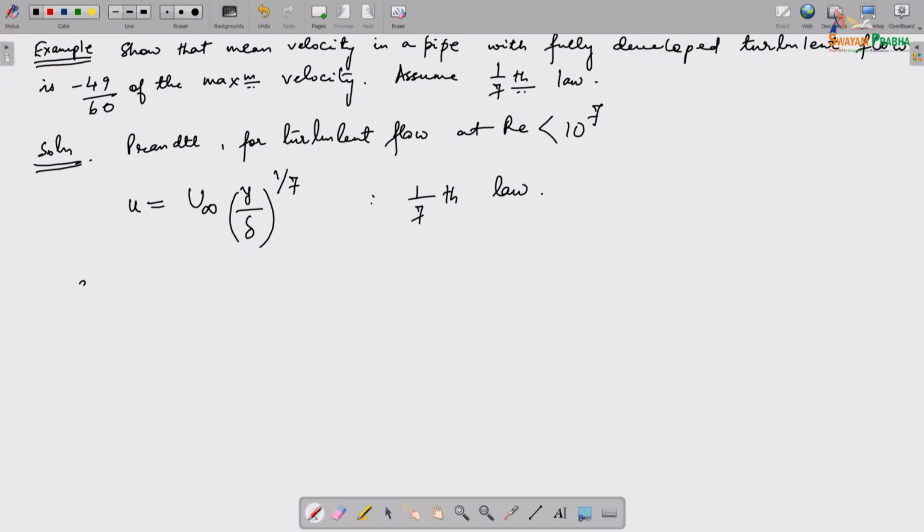Now, if I take a gradient of this, this is equal to u infinity 1/7 delta to the power -1/7, and y to the power -6/7. This is the gradient of velocity.